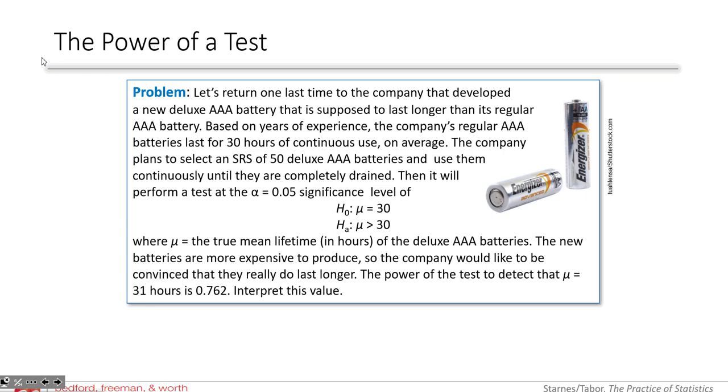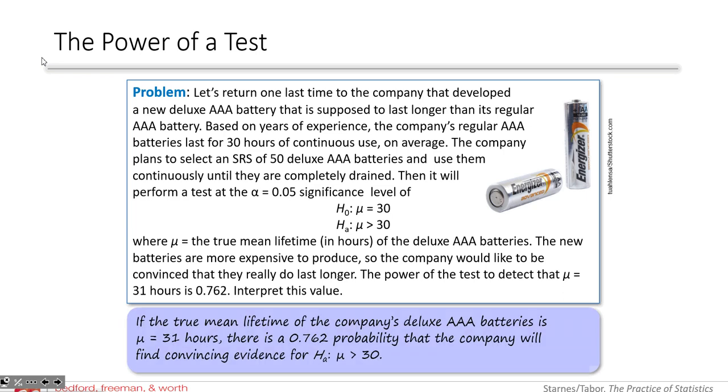So I'm telling you that the power of the test to detect that mu equals 31 hours is 0.762. In other words, what does this actually mean? It means it's a conditional.